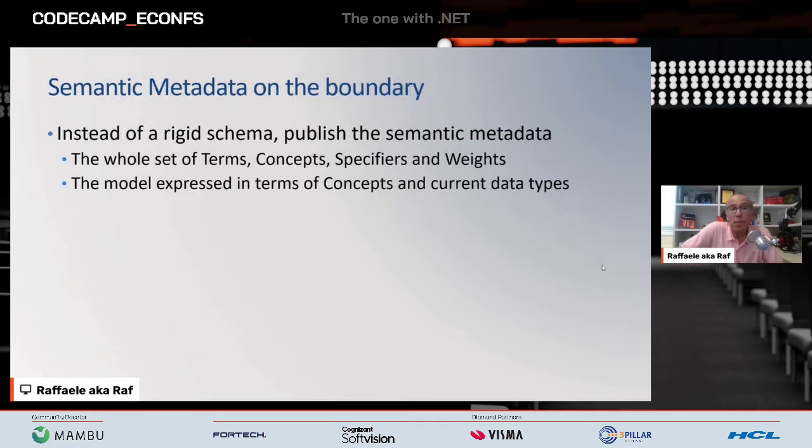And also, you can express the semantic metadata on the boundary. This is extremely important because instead of having a rigid schema like OpenAPI or other models, you just express the semantic metadata that tells you, hey, you know what? In this endpoint, I have my parameters that express those concepts.